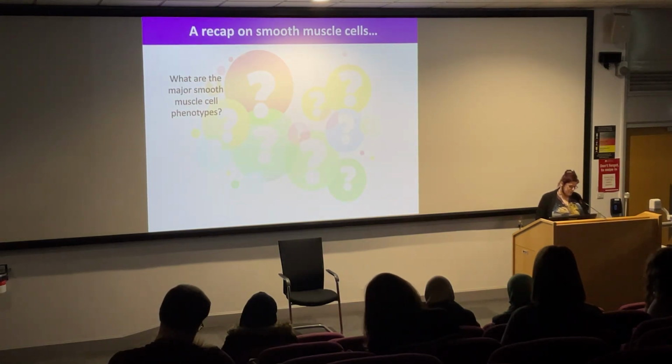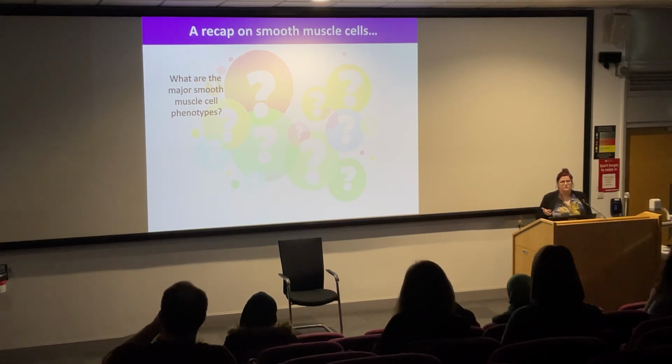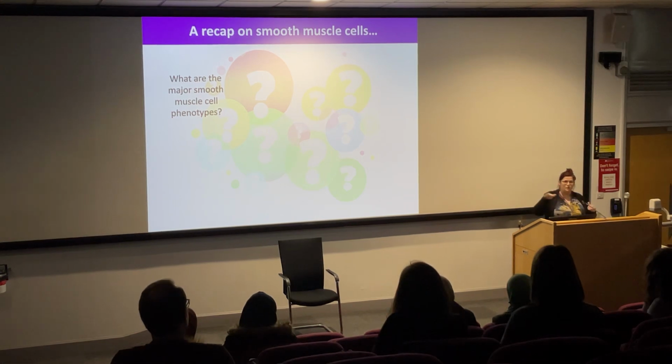So, just a quick recap on smooth muscle cells. So the things that I want you to think about, what are the major smooth muscle cell phenotypes? So what different types have we talked about? Which ones are in a normal blood vessel? What's that phenotype called? Contractile, yeah.